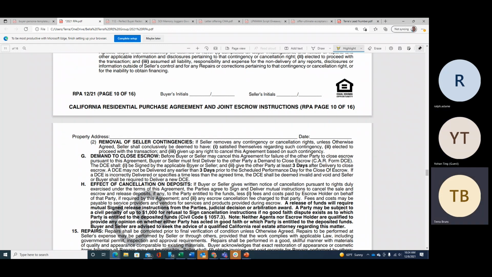Again, obviously the number one contingency being the finding of their replacement property. Once they remove that contingency, it's a done deal. So they can't back out of the transaction because that escrow falls apart, or, for whatever reason, they don't have their backup, their replacement property.